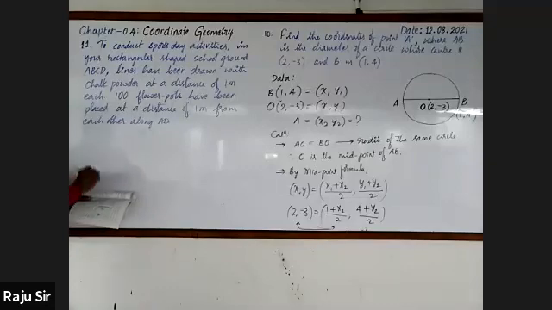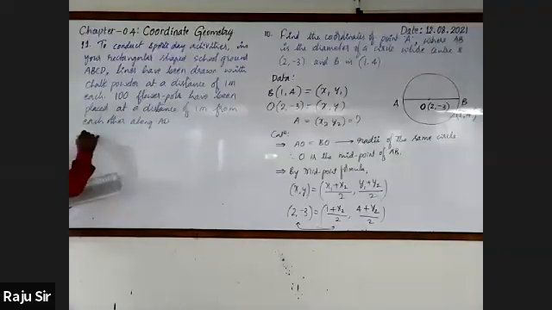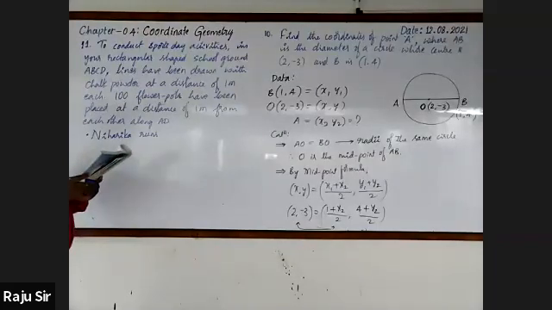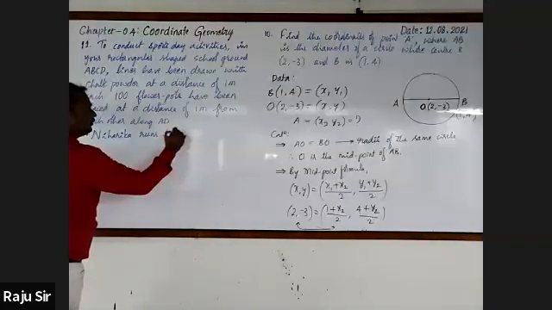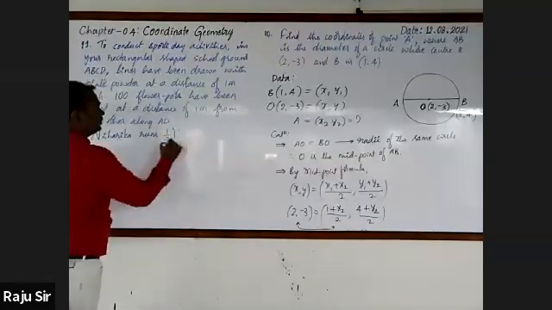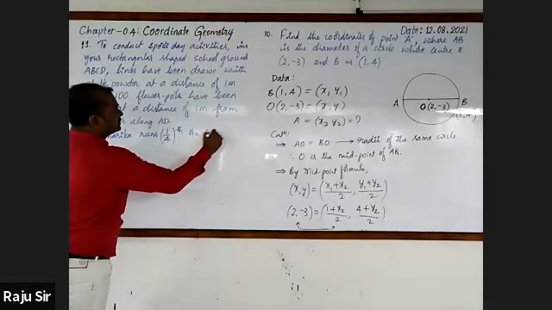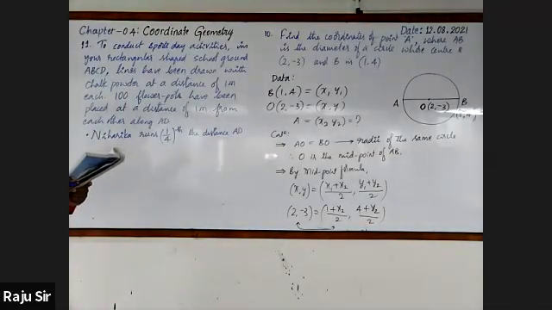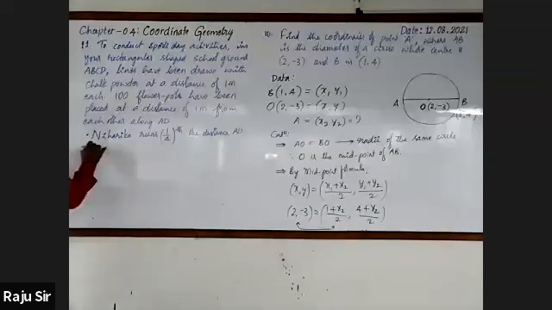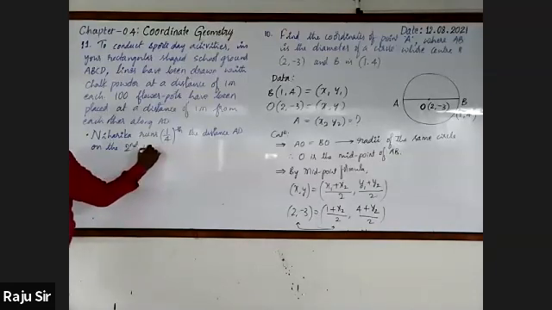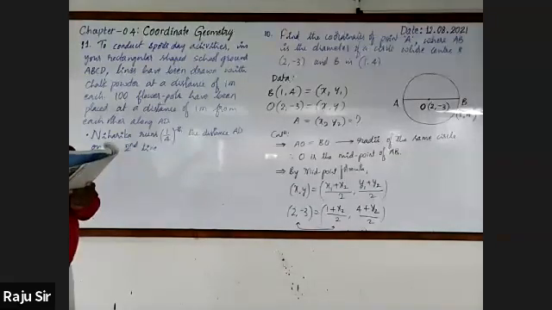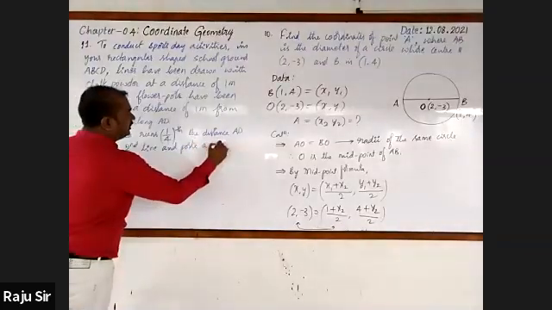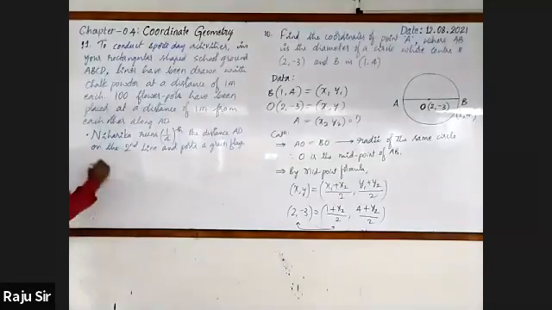Next sentence: Niharika runs 1/4 the distance AD on the second line and posts a green flag. Next, another point.